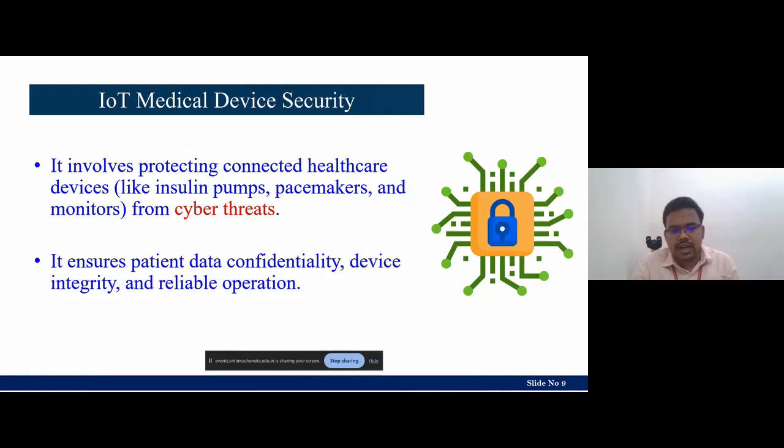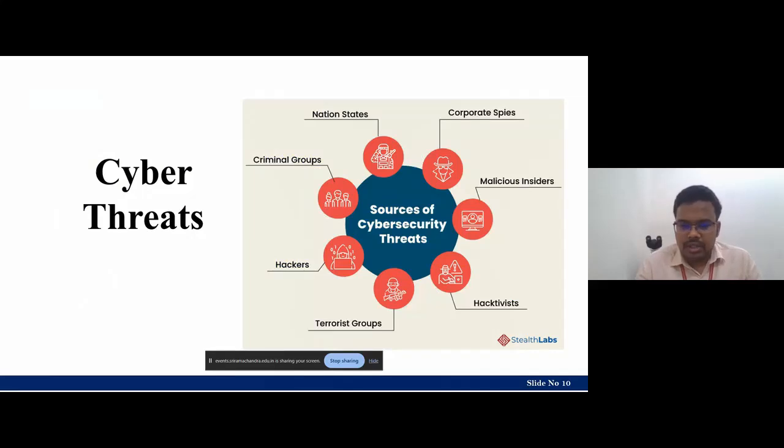So this data is attacked by cyber threats. Let's talk about what a cyber threat is. Security is ensuring the patient's confidentiality, device integrity, and reliable operation by giving a strong security mechanism to all these devices. Cyber threats can be classified into many areas.